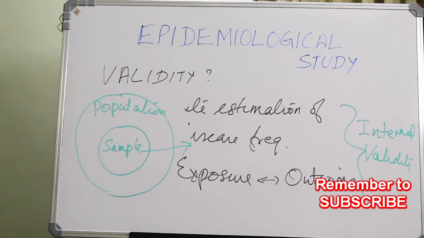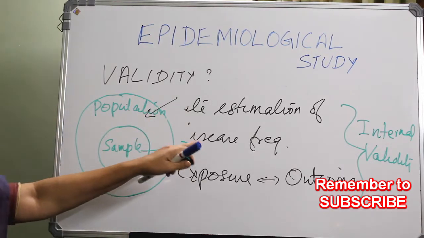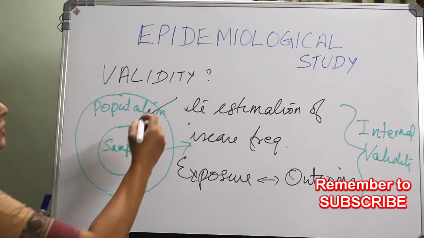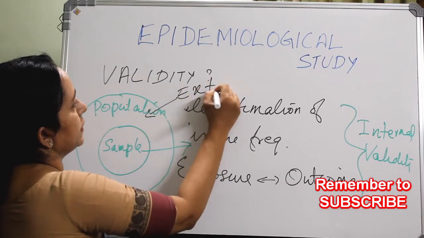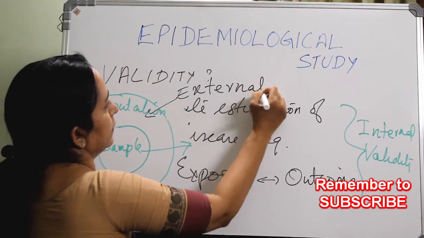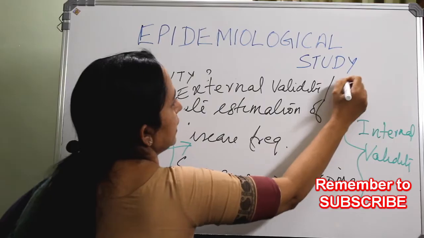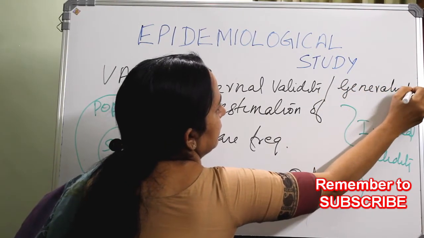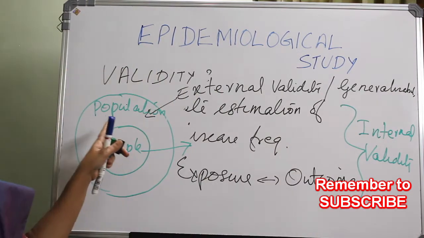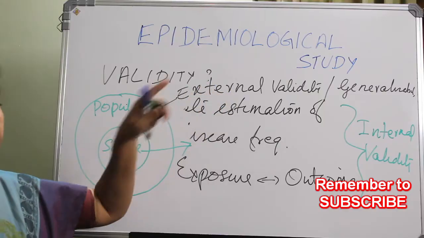If I am generalizing this internal validity to the whole population, it is called external validity, or generalizability. So, validity you know, internal validity and also external validity.